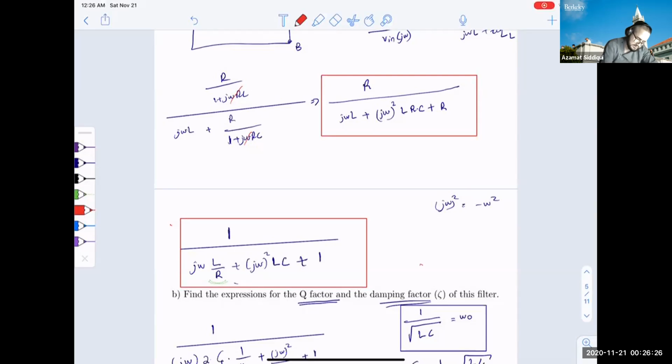If I put this in terms of x squared and so on, assuming that omega is our x, you're going to have something like LC x squared plus L over R times x plus 1 over this.